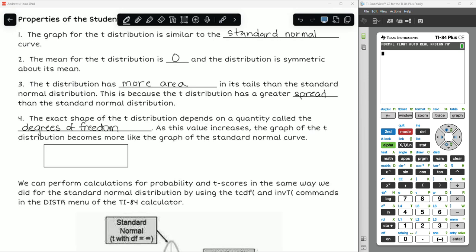And for cases of a single mean, like we're looking at in our section on confidence intervals, the degrees of freedom, or df, is equal to the sample size minus 1. As that degrees of freedom increases, so as our sample size gets bigger, the graph of the student t-distribution becomes a lot more like the graph of the standard normal curve.